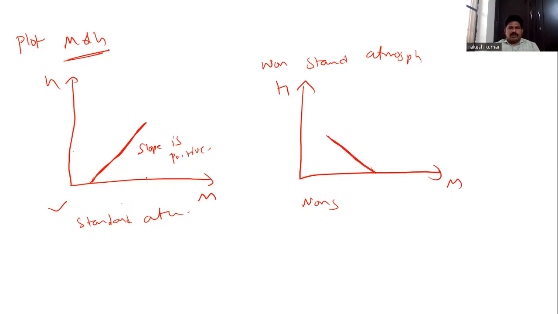For standard atmosphere, the slope is positive. For non-standard atmosphere, how will the M curve be? The slope is negative.